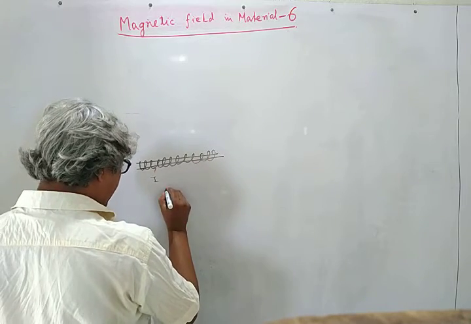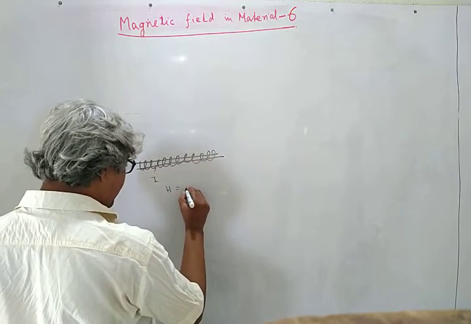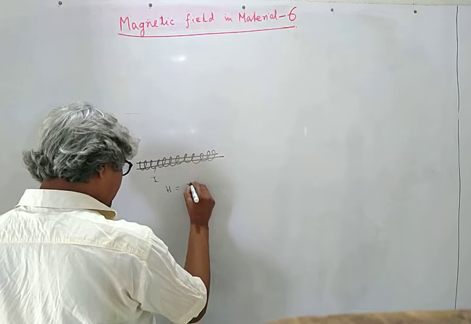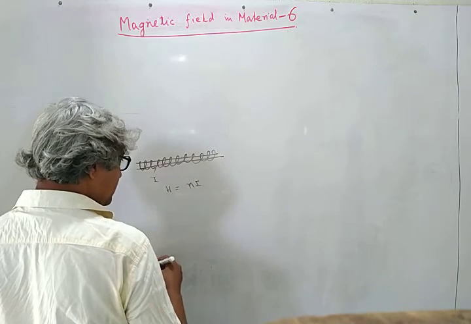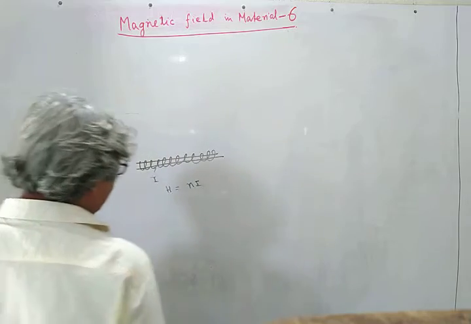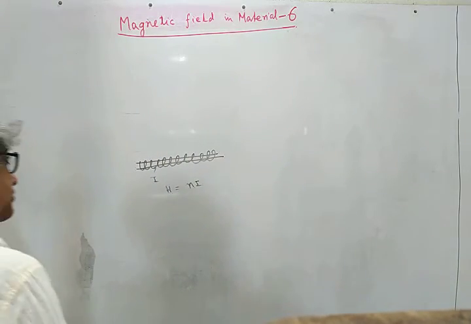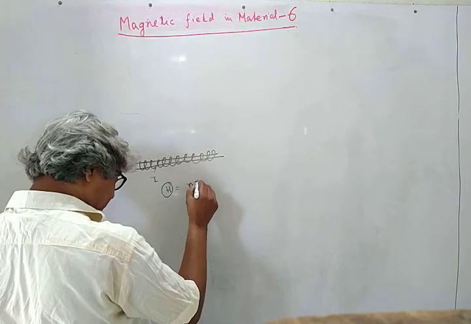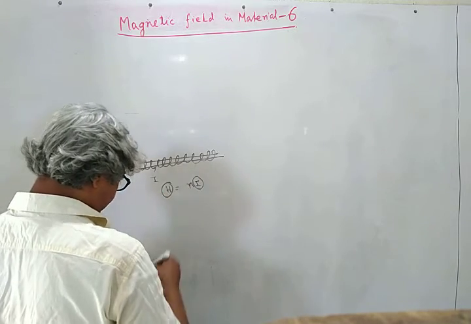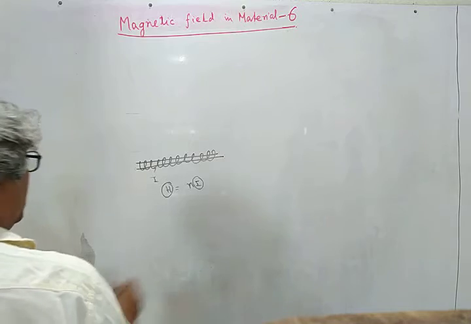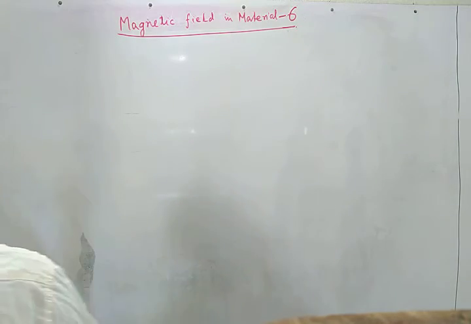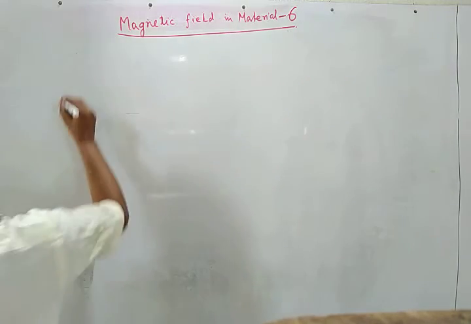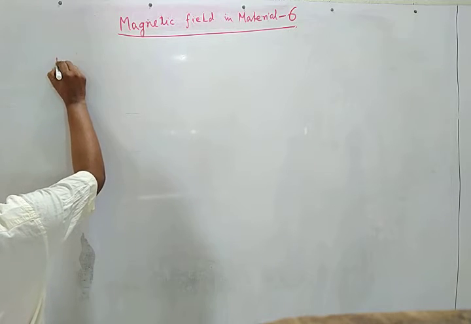So the H field within the solenoid will be n times I. It is an infinite solenoid. So you may consider the independent variable as either H or I. So we first go to the M-I or M-H curve.